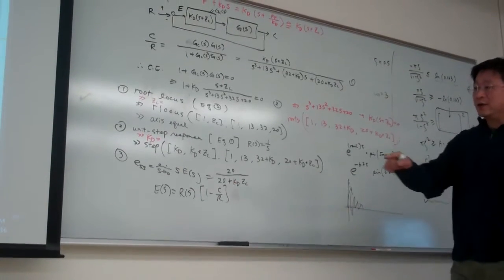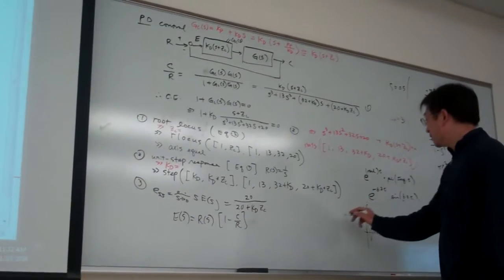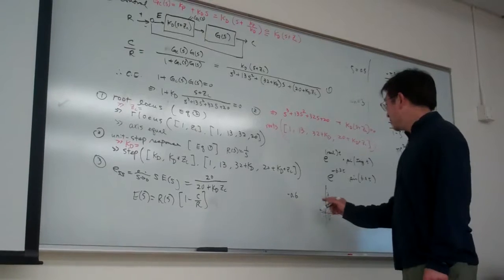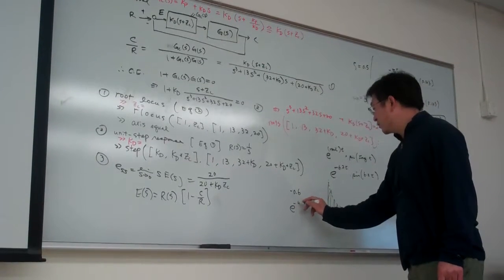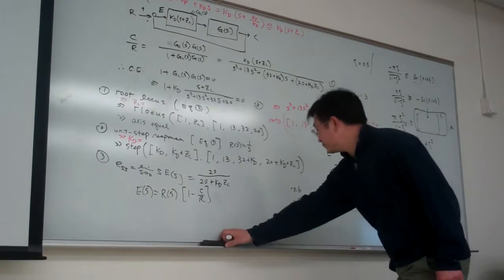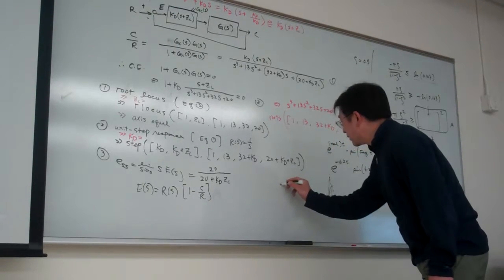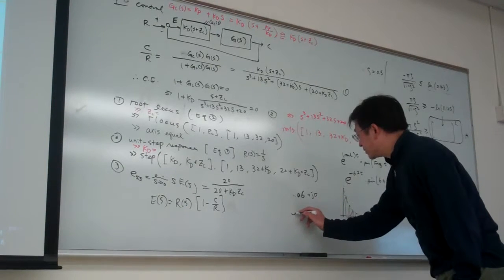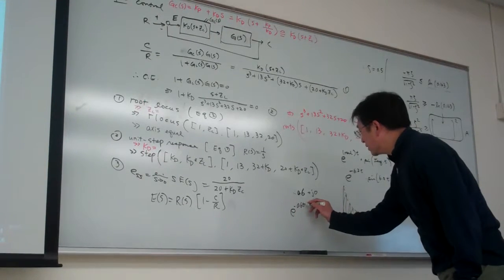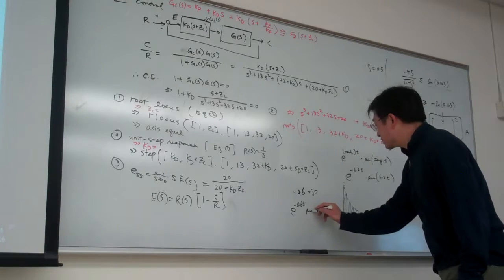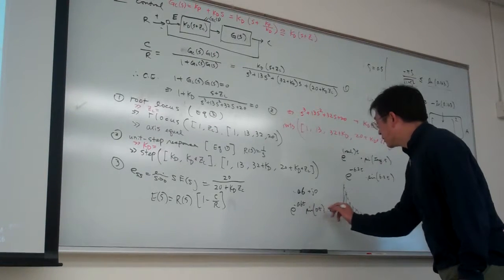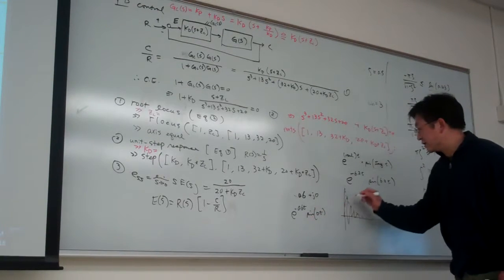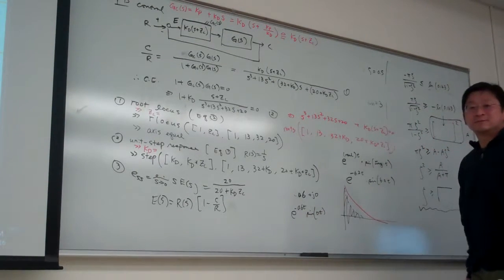Compared to that, the third one is minus 0.6 plus j0, so the response is exponent of minus 0.6 t. The third one has no oscillation, only a decay like this.